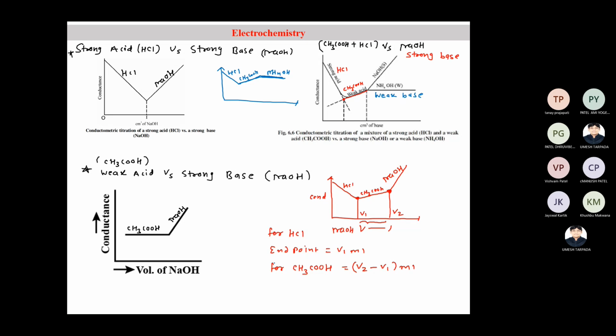These are all very, very important parameters. The Debye-Huckel-Onsager equation is very, very important. It is the last topic of this chapter.